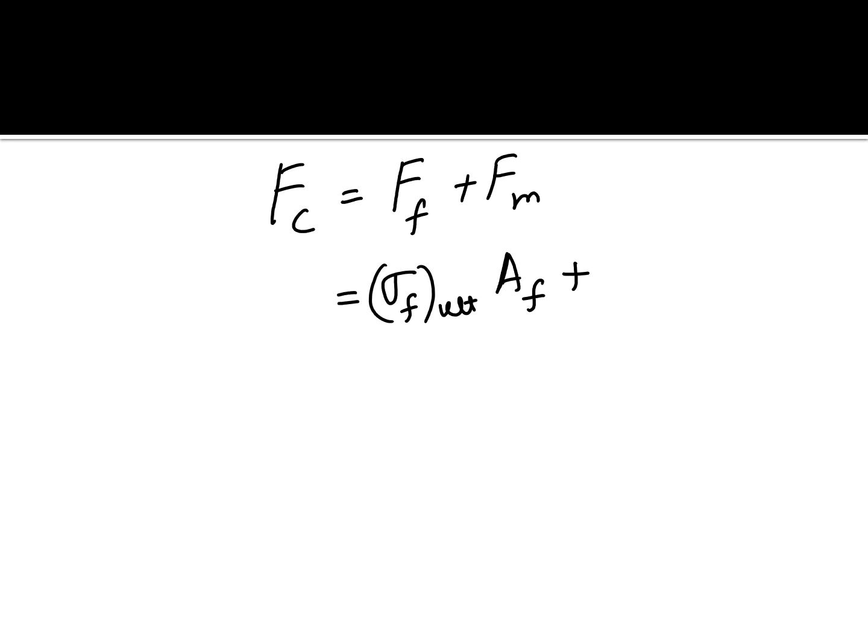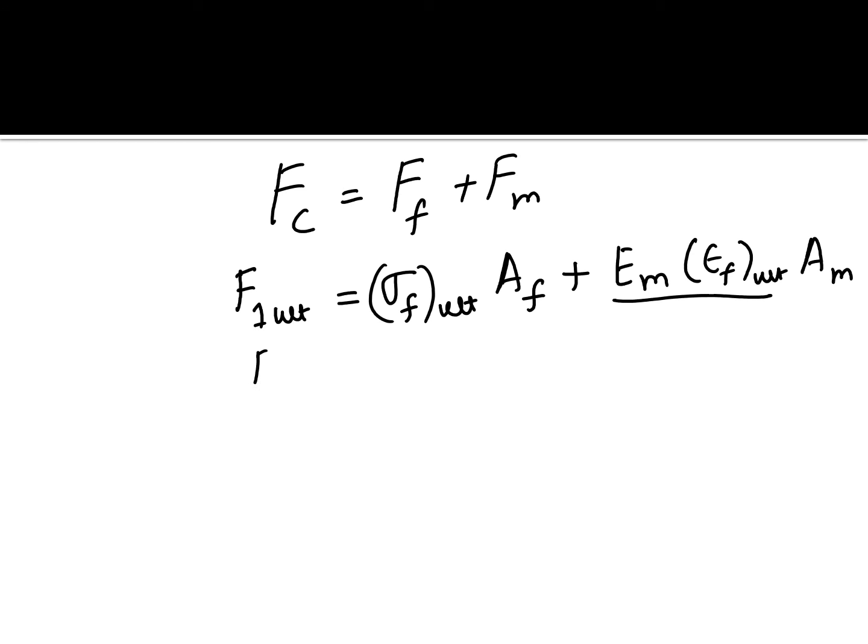But the amount of stress in the matrix at this value of the ultimate strain in the fiber will be this much. It won't be sigma m ultimate because it has not reached that point, times the area of the matrix, and this one I will call F1 ultimate.